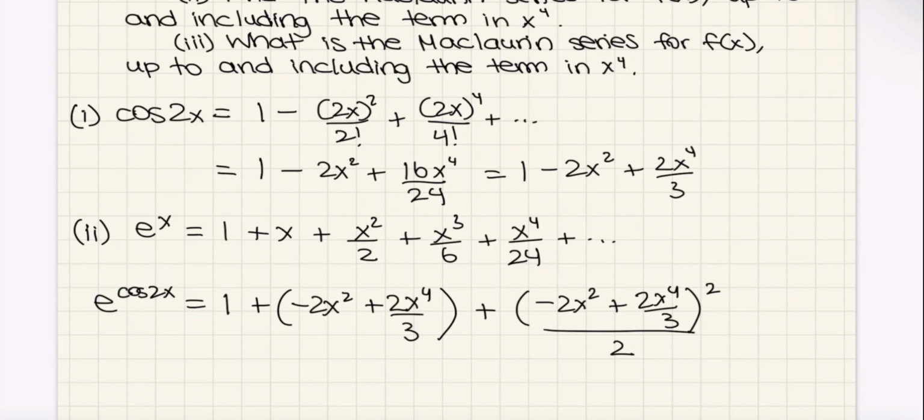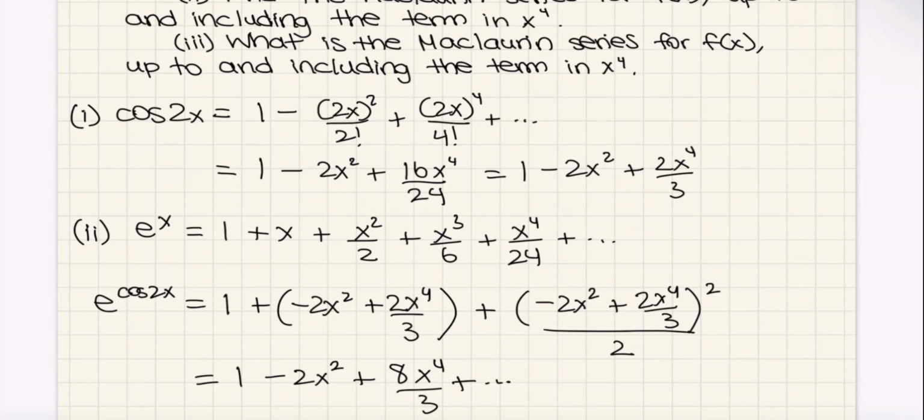And so the pattern here, if we were to simplify this, would be 1 minus 2x squared plus 8x to the power 4 over 3, and so on.